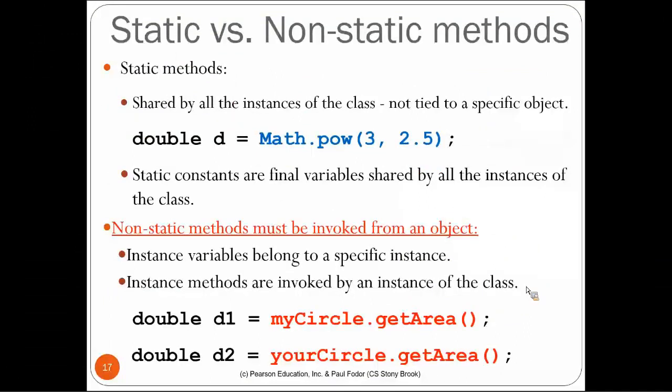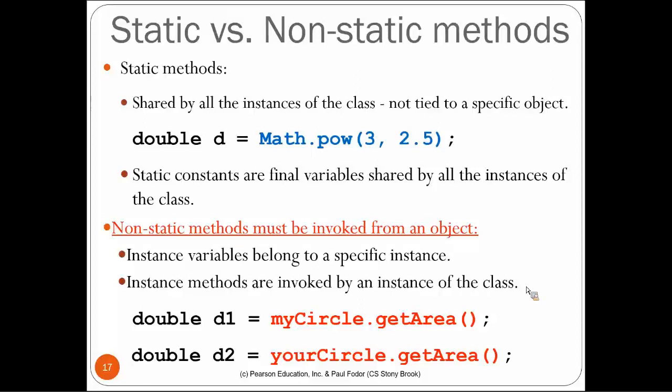Now, we talked about static methods up to today. All the methods that you've written up to today and methods that you will write in the midterm are static methods. You will define selection sort, that is a public static method. And you will define binary search, that is a public static method. So all of these are methods which take as parameters all the arguments they need to compute the return value.